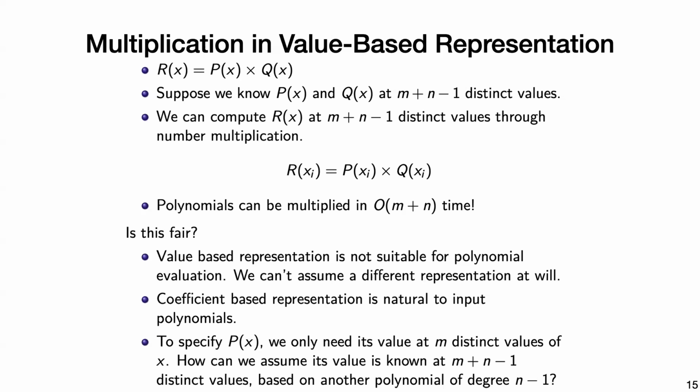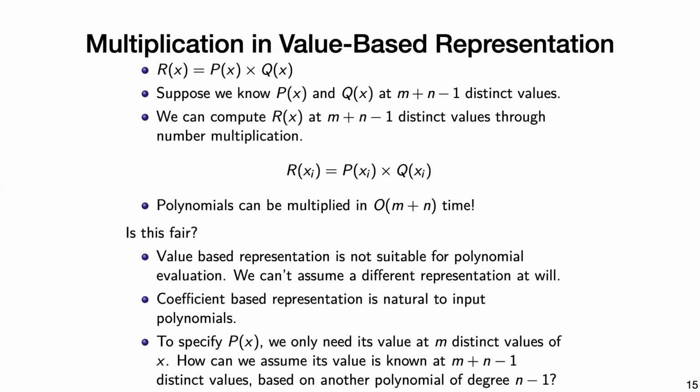And finally, if we started with value representation for each one, p has degree m minus 1, so we would have m points to fully specify it. Q has degree n minus 1, so we would have n points to specify it. But we assumed that we had m plus n points, because we wanted to specify the multiplication of them.